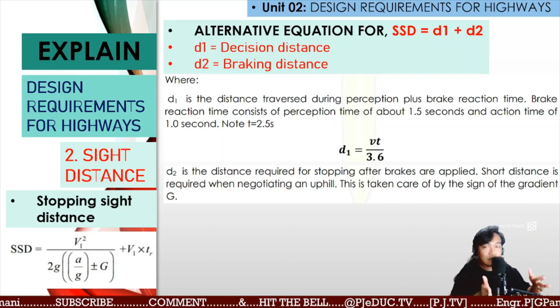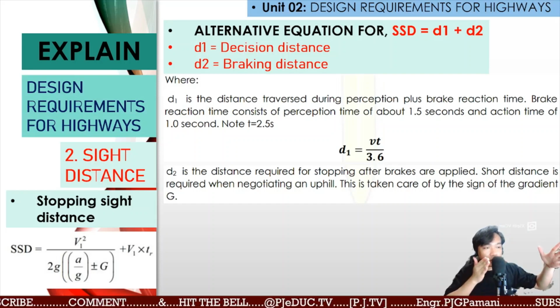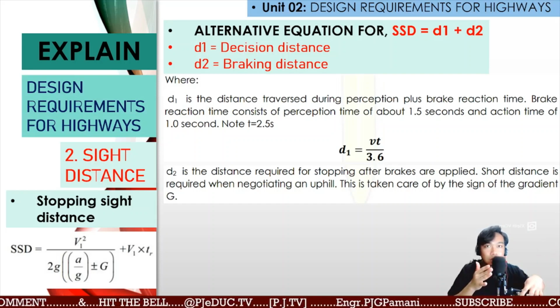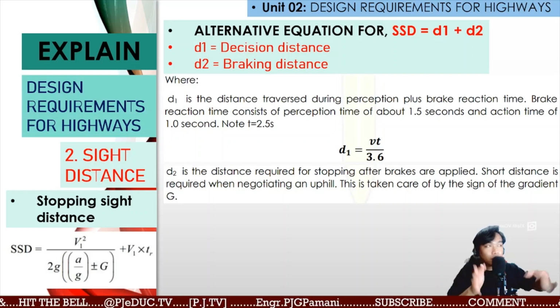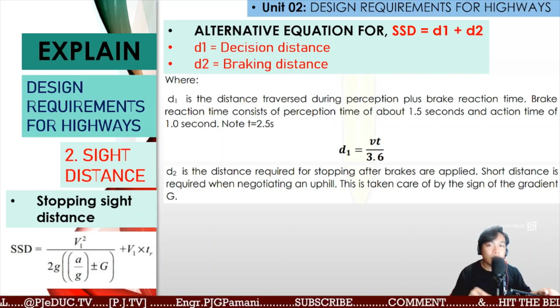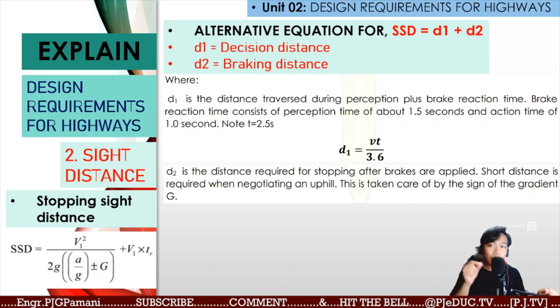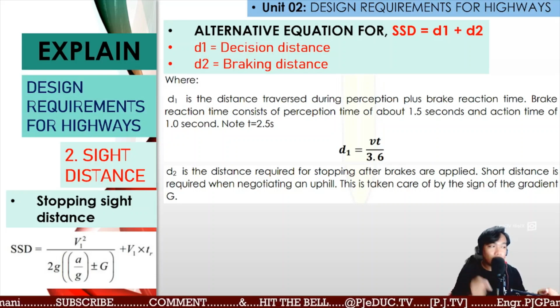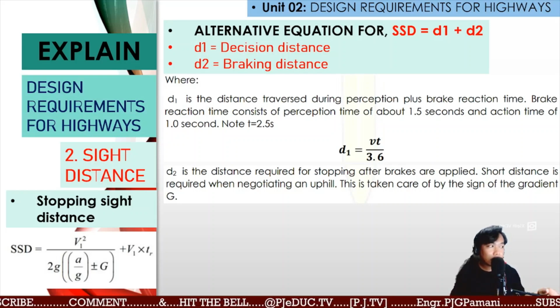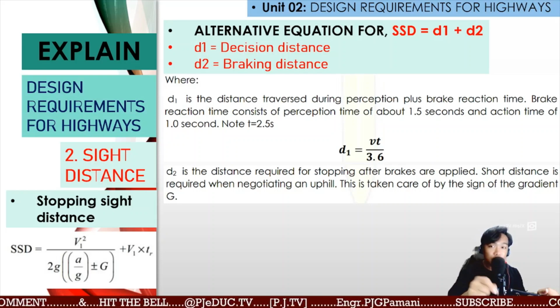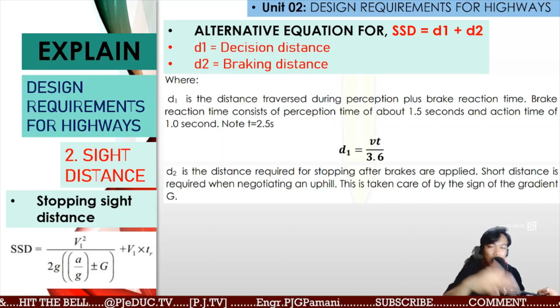To perceive and to identify whether there are opposing vehicles, no? Required stopping after brakes are applied. A shorter distance is required when negotiating uphill. This is taken care of by the sign of the gradient G, so whether the road is going uphill or downhill.